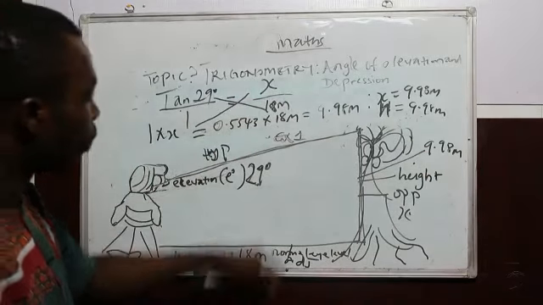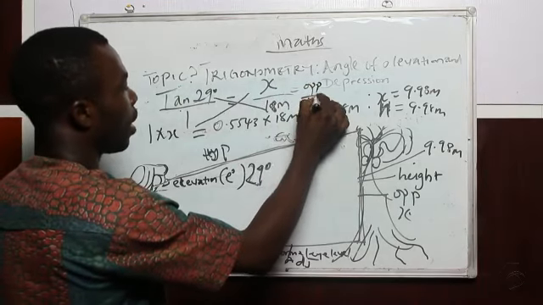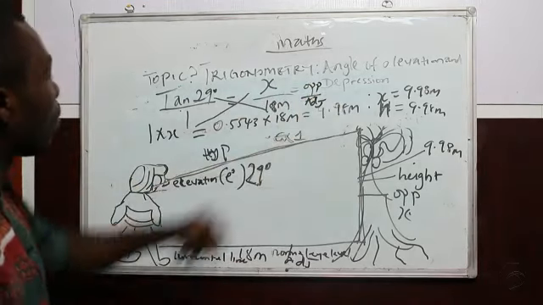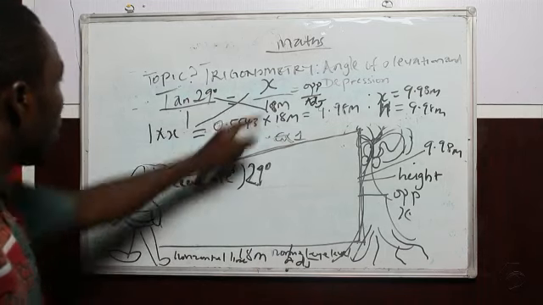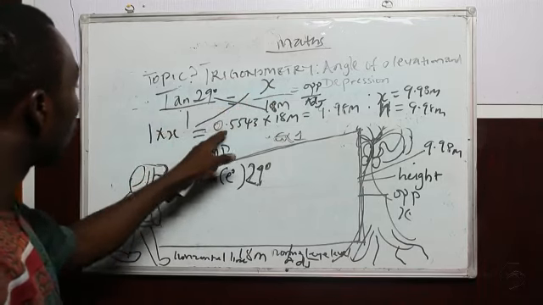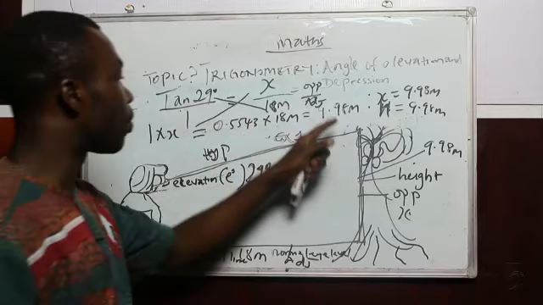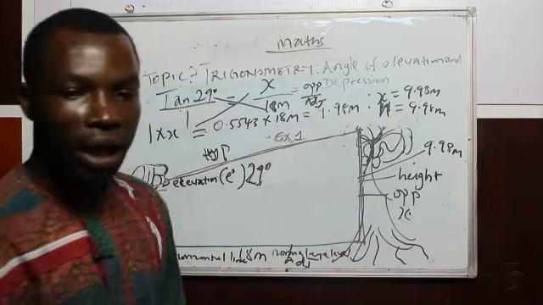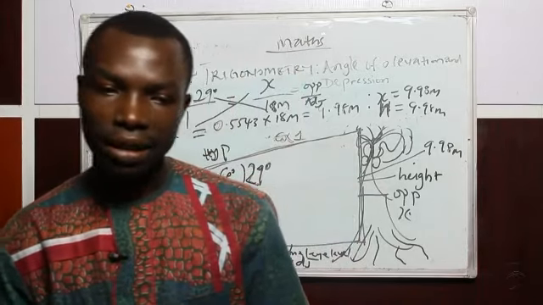It is opposite over adjacent, so we have x over 18 meters. For us to find x, we cross multiply. 1 times x gives us 0.5543 times 18 meters, and the answer is 9.98 meters. So the height is 9.98 meters.